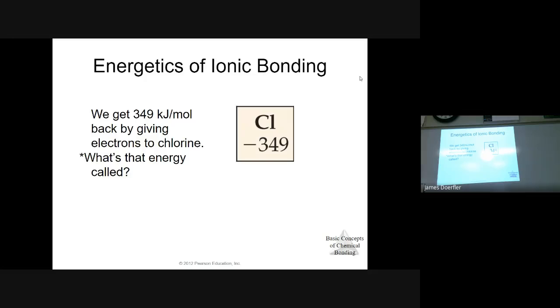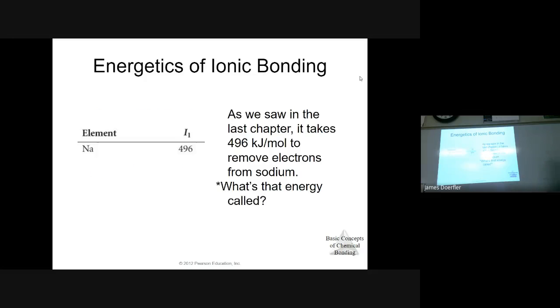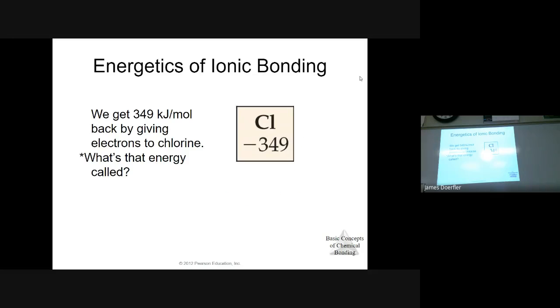Okay. So, when we have an ionic bond forming, sodium likes to give up electrons, so it loses electrons and becomes a positive ion. Chlorine likes to gain electrons, so it has a negative charge. And so when those two ions come together, they form basically an ionic compound, metal, non-metal.